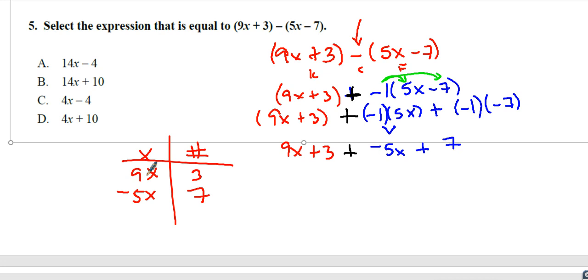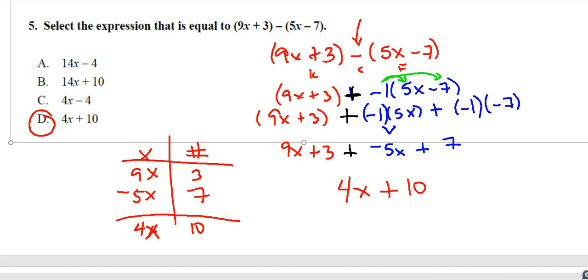Now I can see that if I combine 9x and negative 5x, 9x plus negative 5x will be positive 4x. 3 plus 7 will be 10. So I can rewrite that as 4x plus, because everything is being added, you can see I made sure there was an addition sign between everything, 4x plus 10. 4x plus 10 is my final answer.